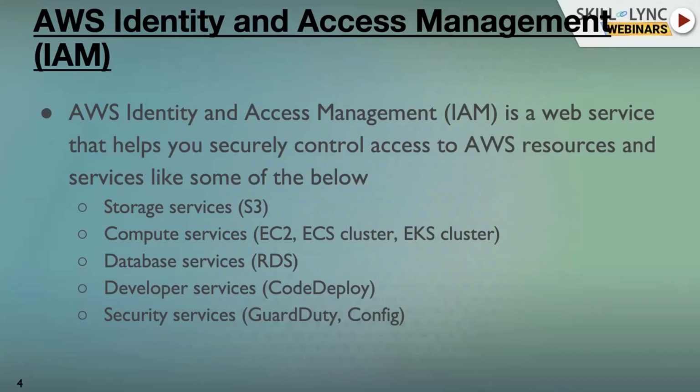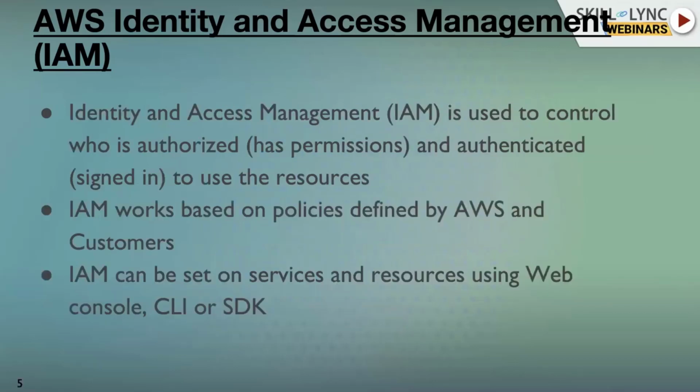In IAM, we write policies, and these policies are nothing but statements or instructions where we specify what resources a particular user can access, and what level of access within the service. We'll go one at a time, and we'll have a better understanding as we go forward in this session. So yes, IAM is focused on authorization, or the permissions on AWS resources and services, and it works completely on policies.